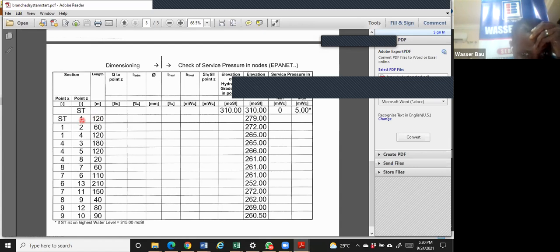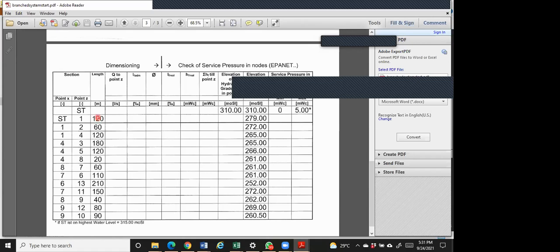Point 1 is at an elevation of 279. So the slope between points ST and 1 will be this minus this divided by their horizontal lengths.